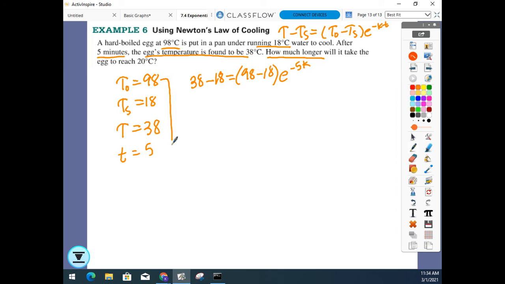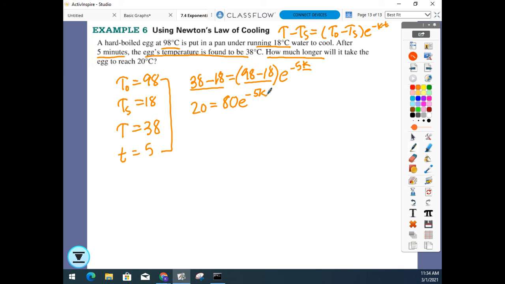So see how we can plug all of this in, and we are left with one variable. This allows us to solve for that constant. So 38 minus 18 is 20. 98 minus 18, 80.